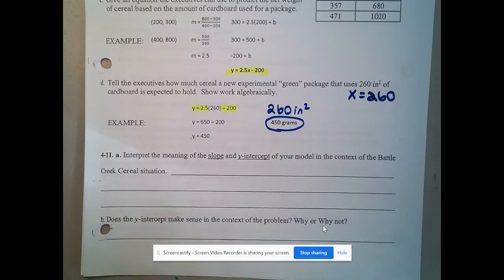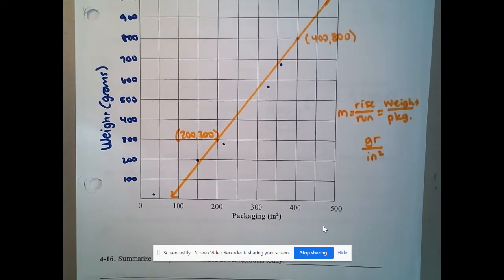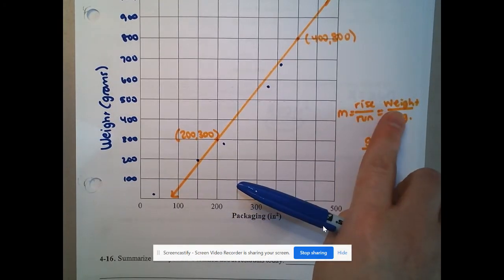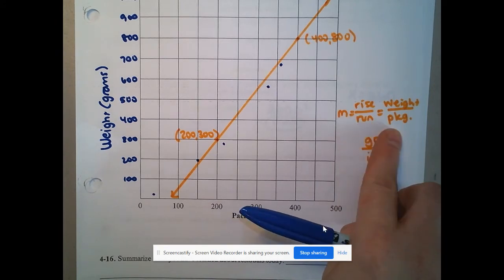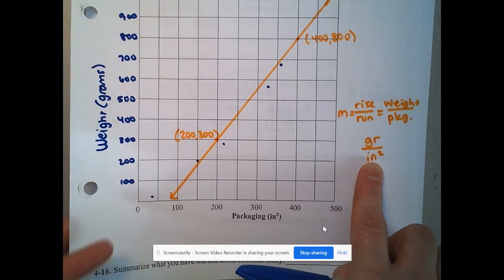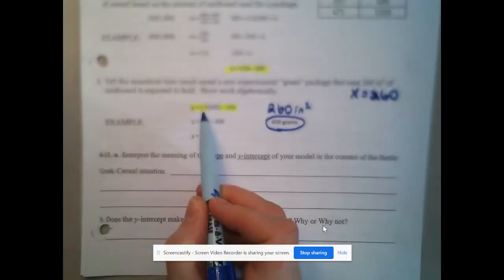Interpret the meaning of the slope and the y-intercept of your model. So slope is rise over run. If you look at my graph here, I wrote it off to the side. Slope is rise over run. The rise on the y-axis was weight, and the run on the x-axis was packaging. So it's grams per square inch. So the slope is saying, in this case, we had 2.5.